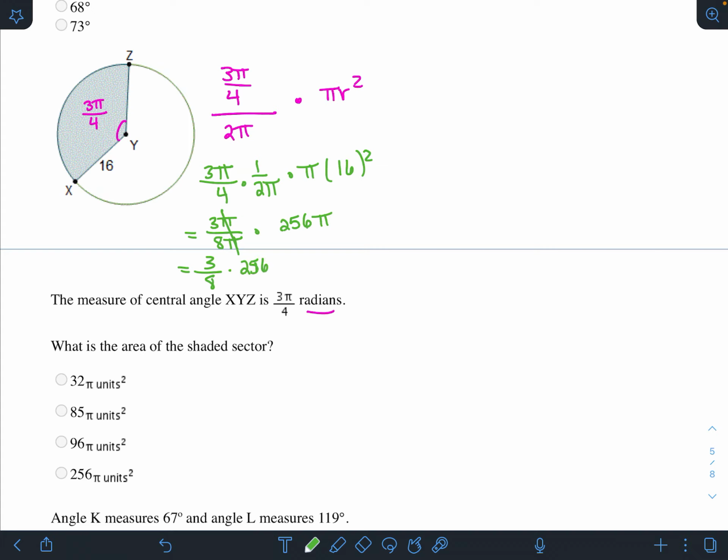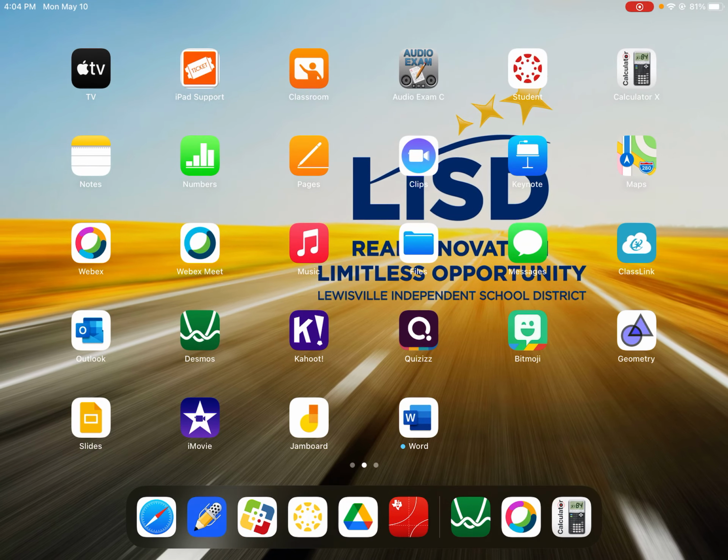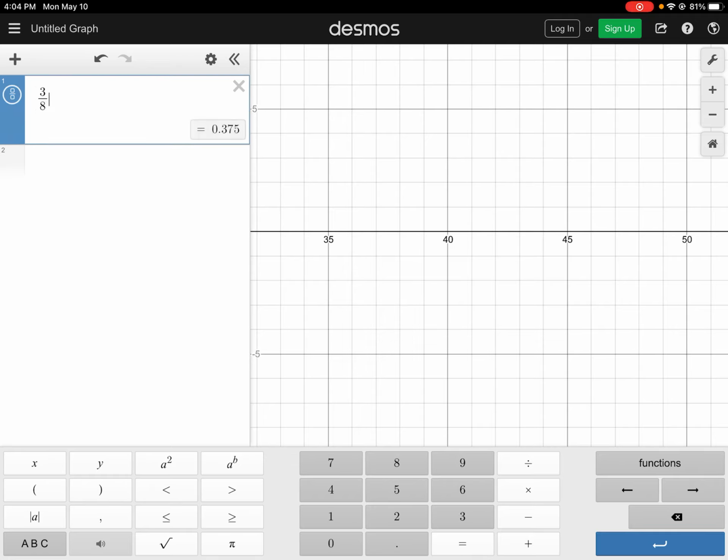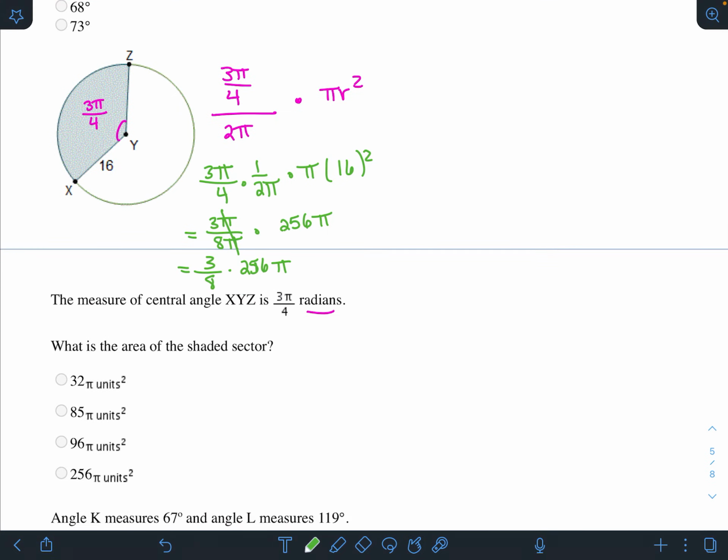Now each of your answers are in terms of pi, so I would just go ahead and leave that alone when you plug it into the calculator. And we simplify, and we say 3/8 times 256 gives me 96 pi units squared.